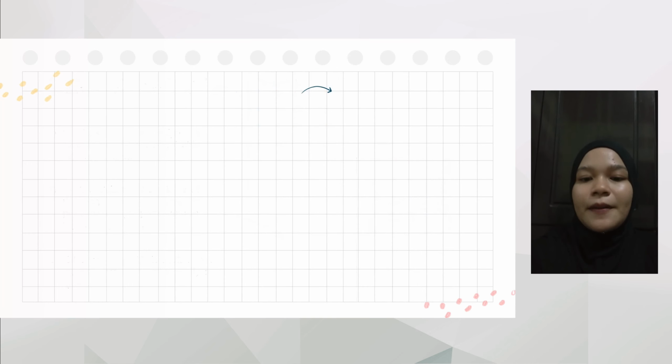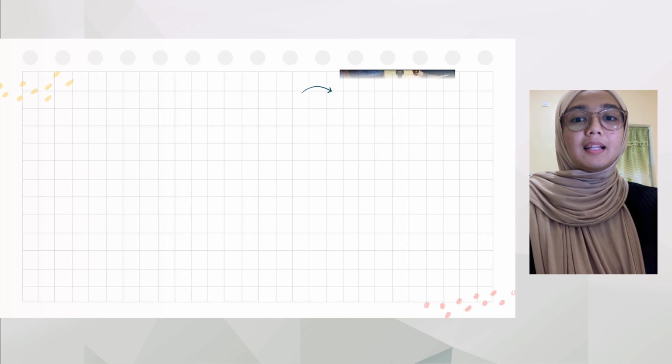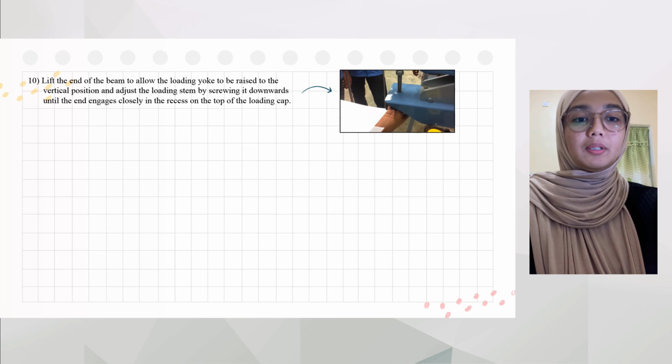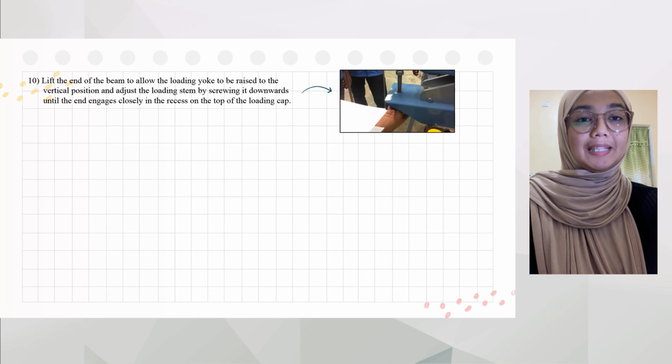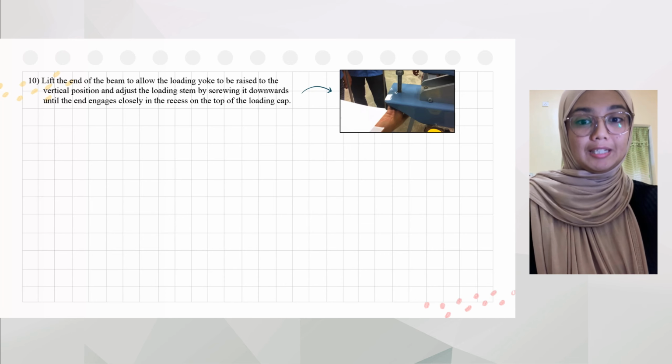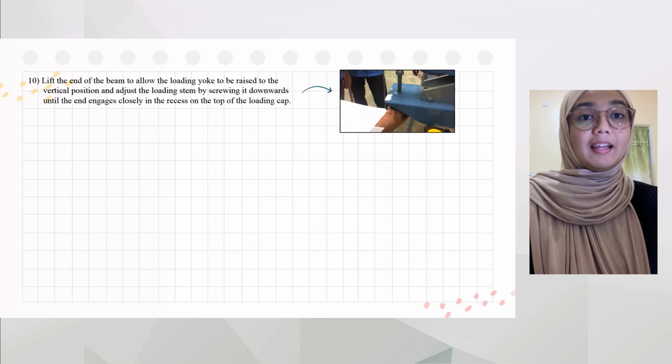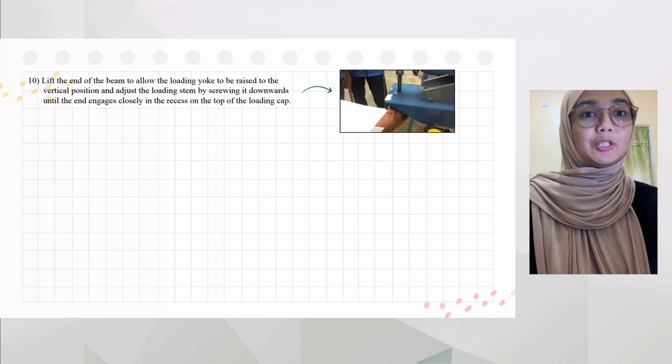Next, lift the end of the pin to allow the loading yoke to be raised to the vertical position and adjust the loading stem by screwing it downwards until the end engages closely in the races on the top of the loading cap as the picture shows.